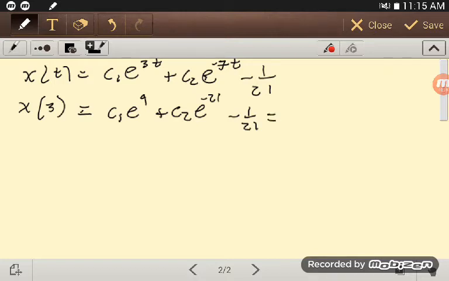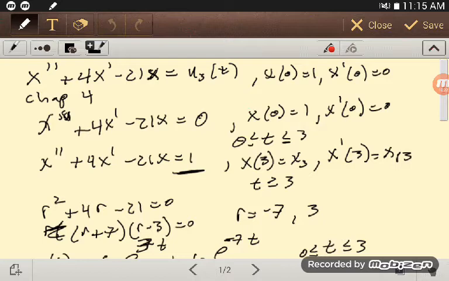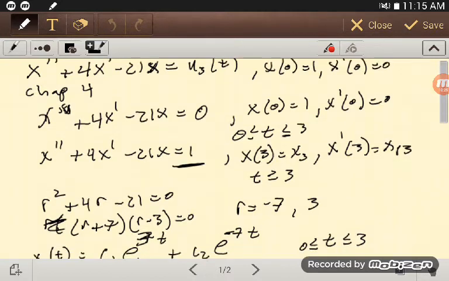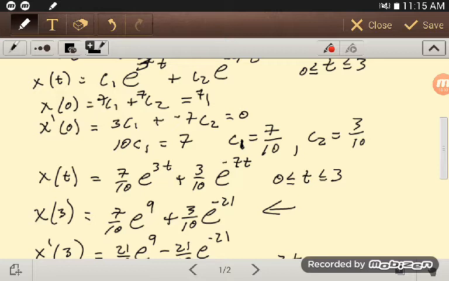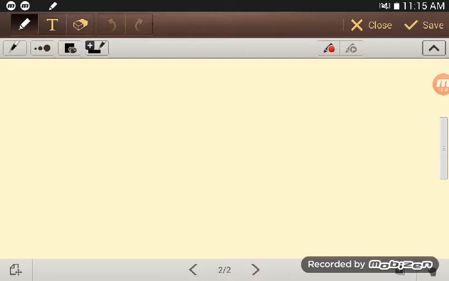Well, that is equal to, and I've got to come back and find that. X of 3, here we go. There's x of 3: 7/10 e to the 9 and 3/10 e to the negative 21.